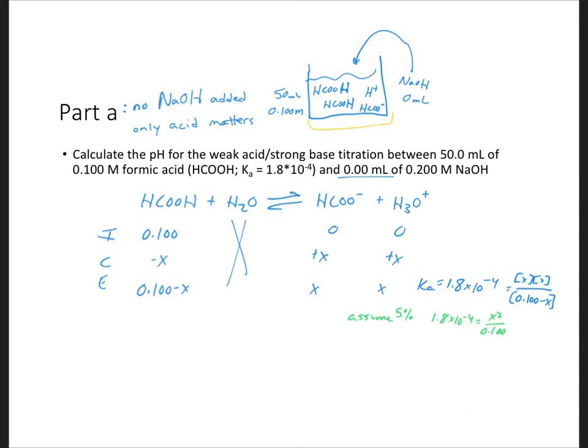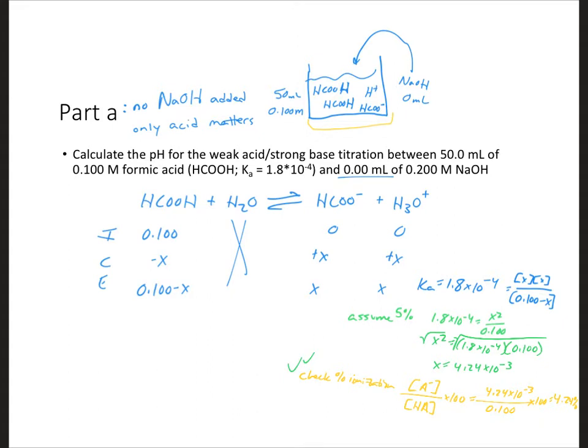That means the 0.100 minus X term becomes 0.100, and now we can solve for X. The calculator says that's 4.24 times 10 to the minus 3, and we can check to make sure that 5% assumption is correct. Based on the ionization, 4.24% means we're coming in just under the wire, so our assumption works, and we can use that value in our ICE table.